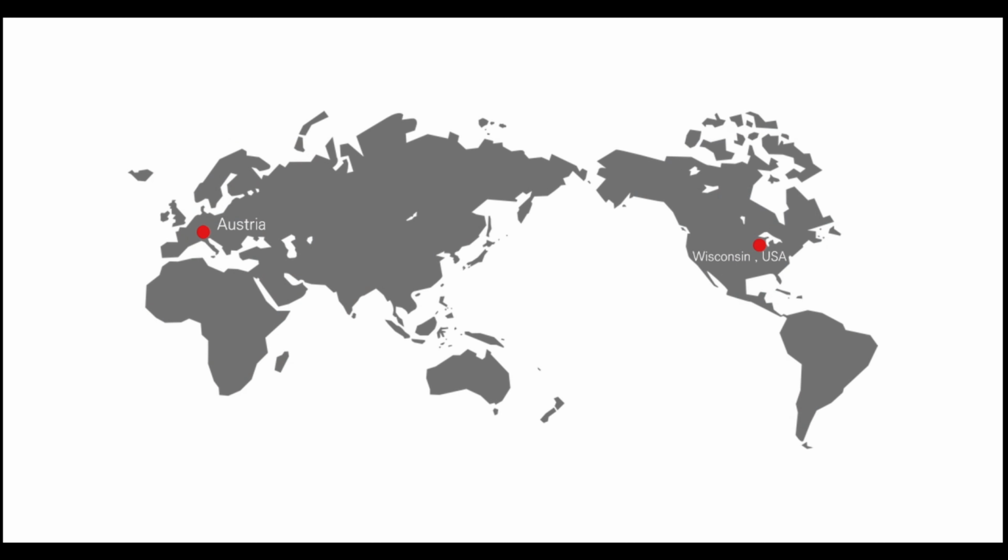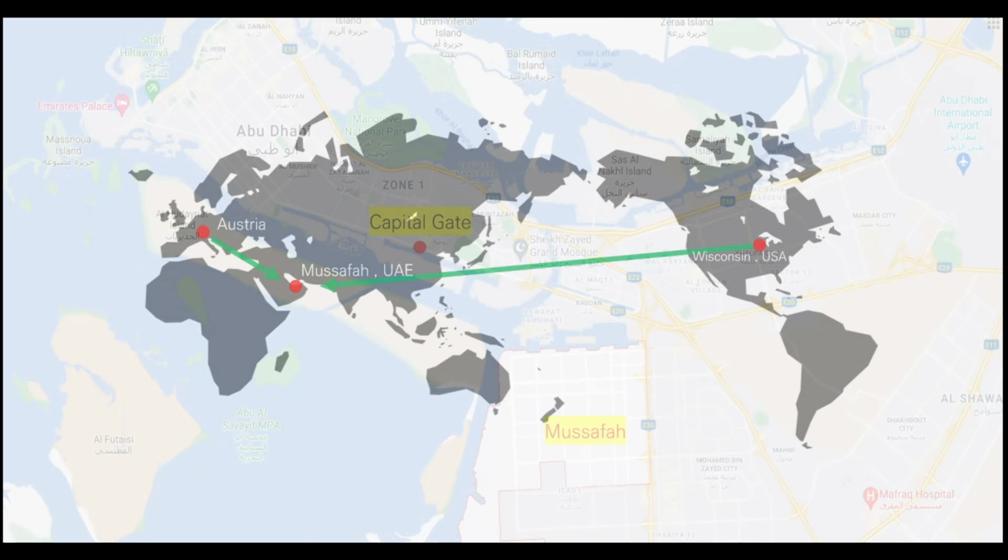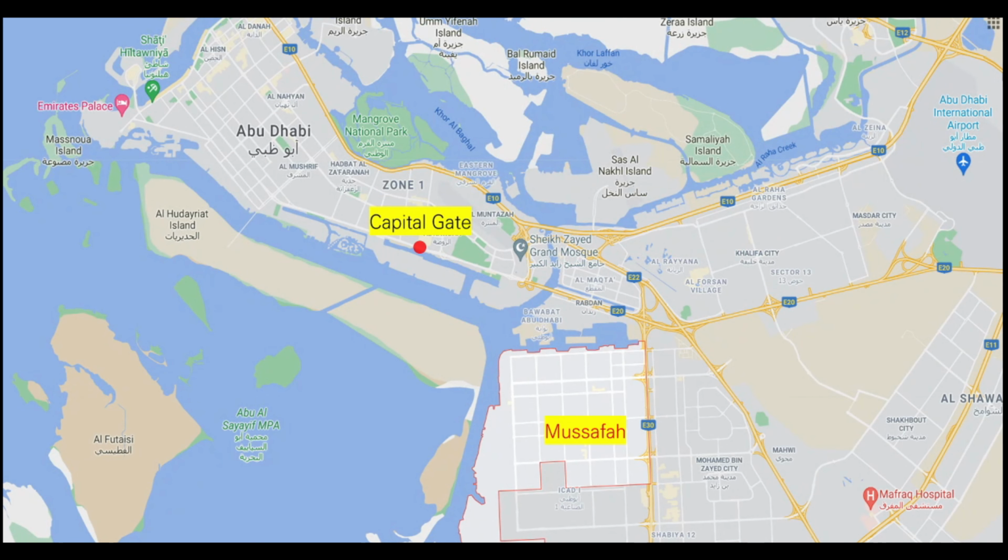The frames and glass made in each country were delivered to Musaffah in the UAE. This city was very close to the construction site, had high access to the port, and at the same time, there was a glass industrial factory.